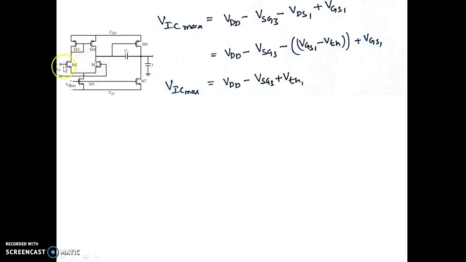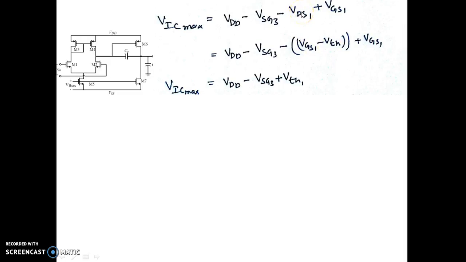So we are writing the expression for VIC max considering VDD, VSG3, VDS1 and VGS1. So it is VDD minus VSG3 minus VDS1 and VGS1. This VDS1 can be written as VGS1 minus VTH because this is in saturation.